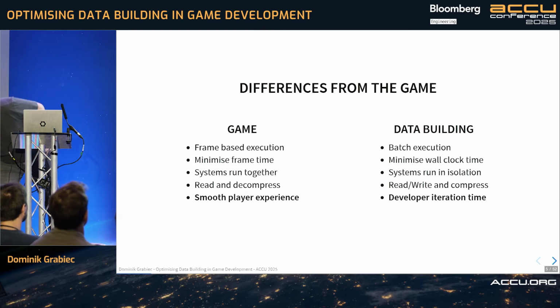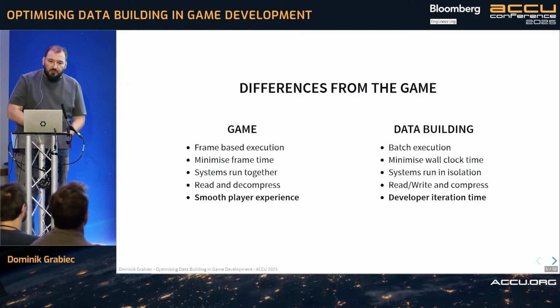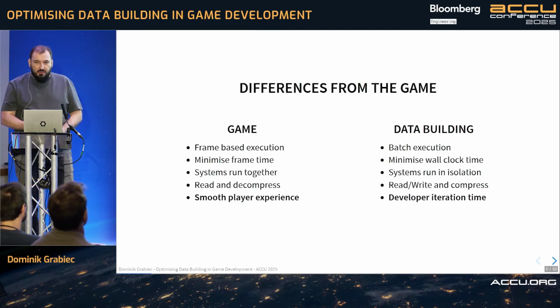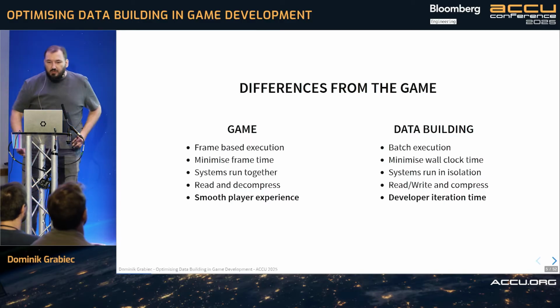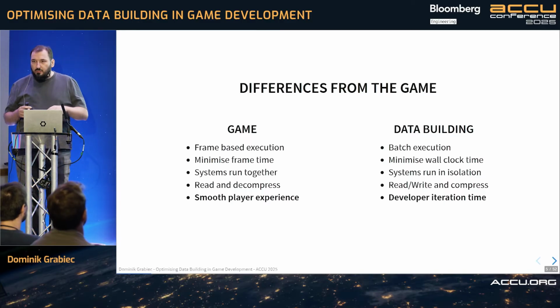So some key differences between game code and data building code is that game code is very much frame centric. You have a concept of a frame, and you need to process everything within that frame so you can minimize the frame time.